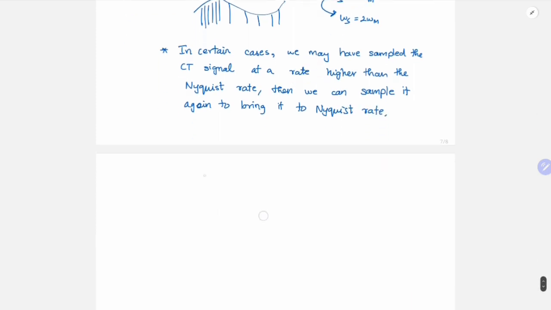And in certain situations, let's say this is my xp of n or xp of e per j omega, and then I take it through a filter, and then it reduces to this. Now it is no more band limited to omega m. So it is like some omega m prime.